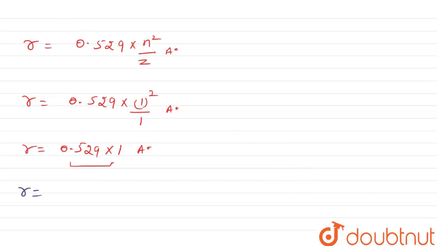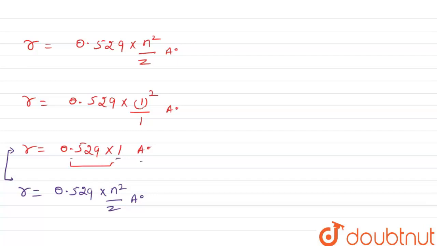The general radius is 0.529 into n square divided by Z angstrom. When we observe these two radii carefully, 0.529 and angstrom are common, and here we have 1 in the place of n square by Z.